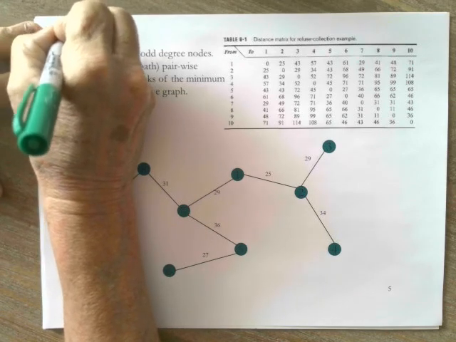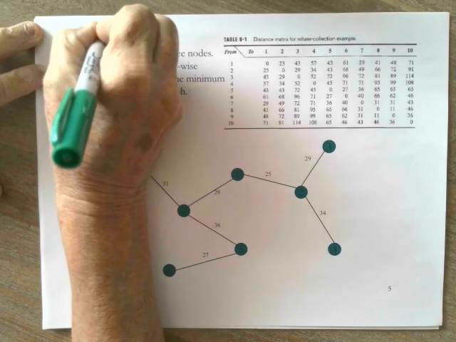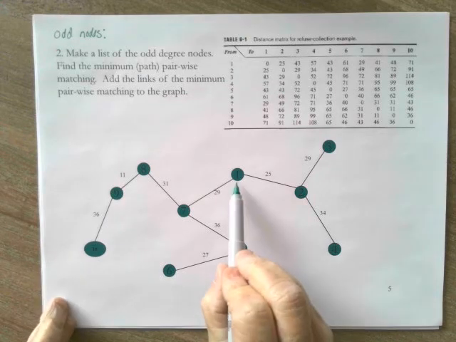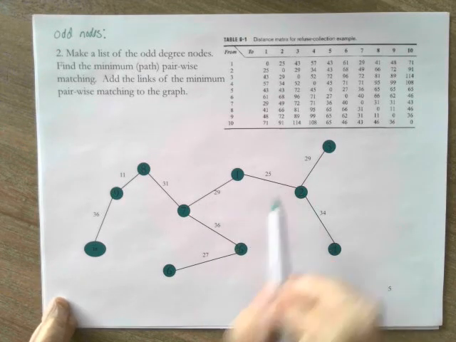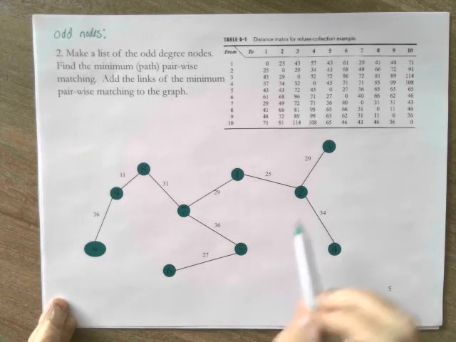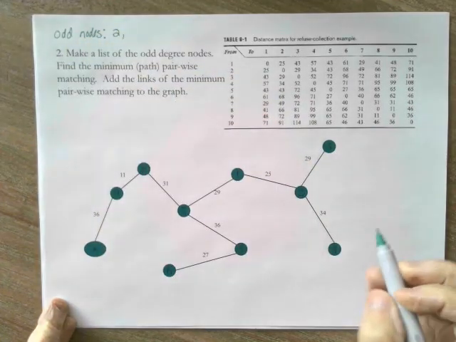So my odd nodes, those are the ones where we have odd degree. So for example, node 1 is of even degree because it has 2 arcs coming out of it. Node 2 is of odd degree because it has 3 coming out of it, so that's my first one on the list there. How about node 3?